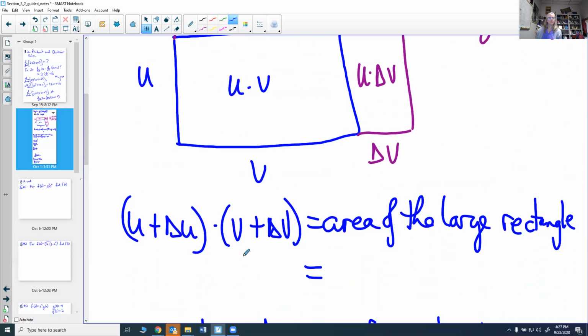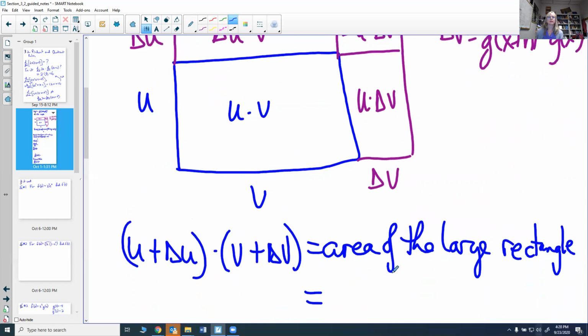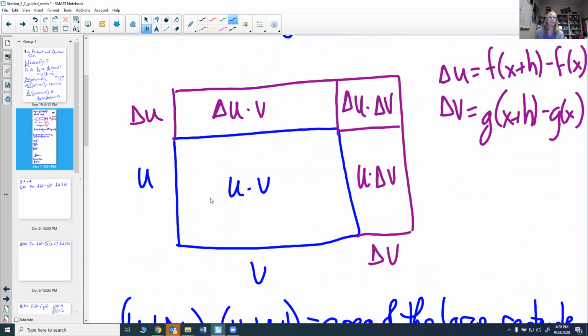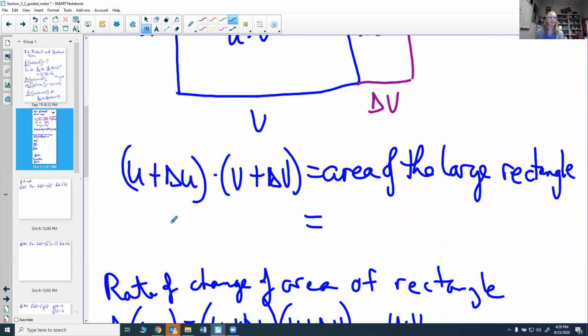Well, that's great, but maybe what we could do is find out a little bit more about what it would be. What we really want to find in the end is this delta U, this change in U, and this change in U times V. That's what we really want to know: how much do these actually change?